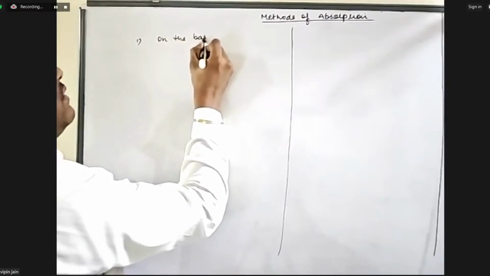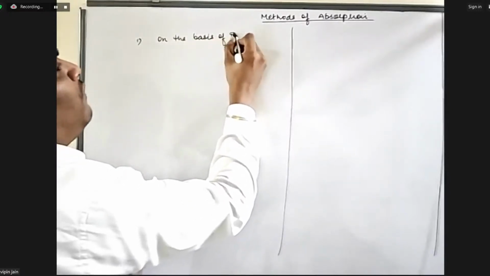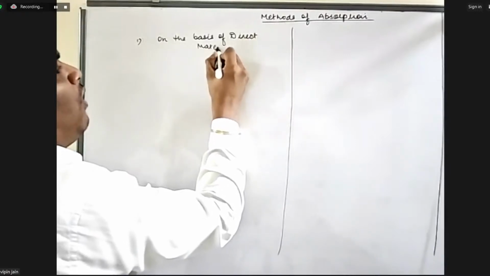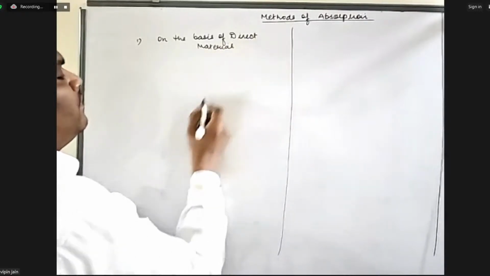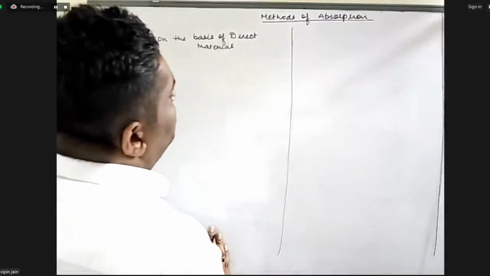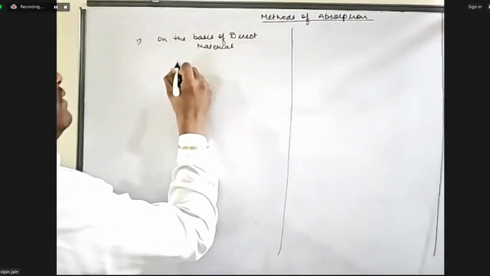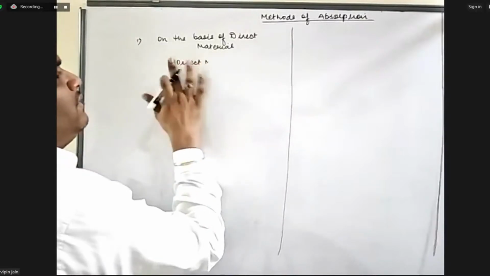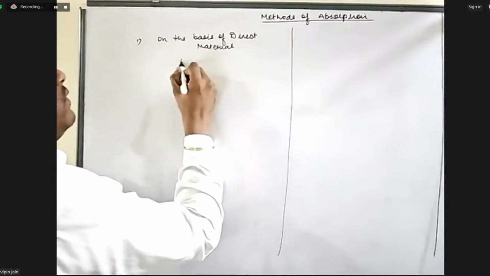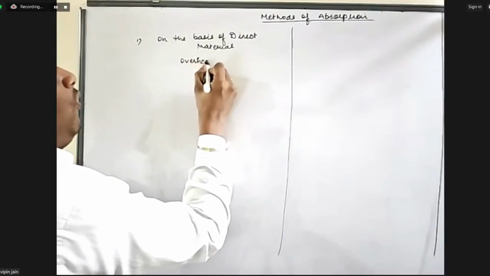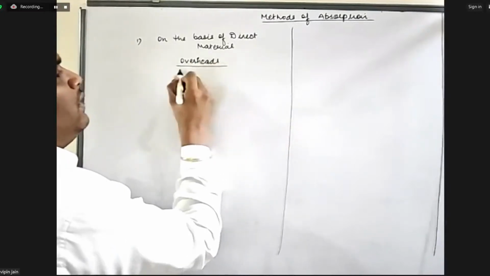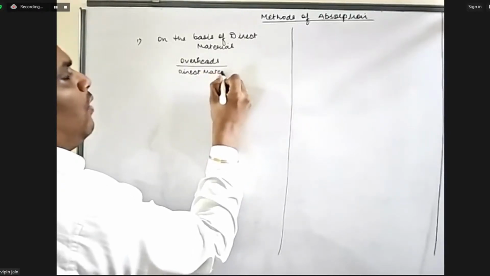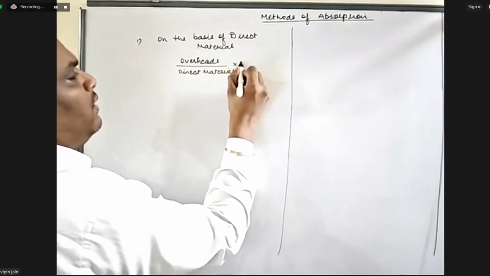First, on the basis of direct material. If the overheads are absorbed on the basis of direct material, we'll calculate the absorption rate in percentage. That is overheads divided by direct material cost into 100.